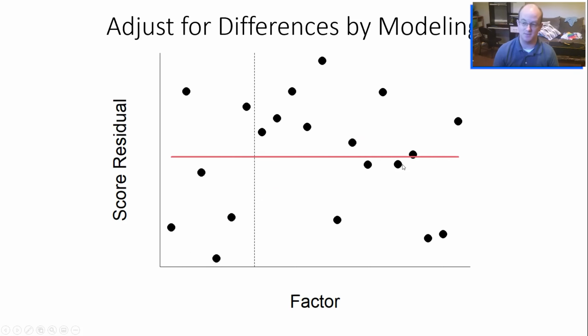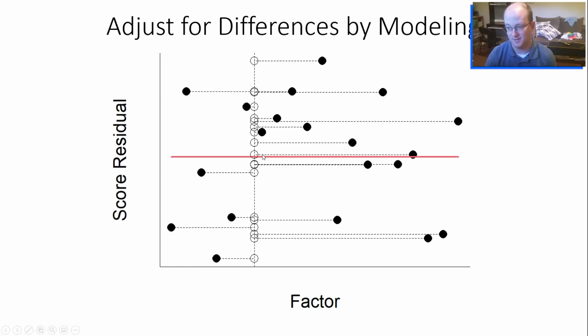And when we look at residuals, there isn't such an obvious trend between those residuals and the factor. So if one then said these are more or less constant across the factor, the distribution is stable across this factor, then we could use these observed values and treat them as if they had all come from the currently considered case scenario.